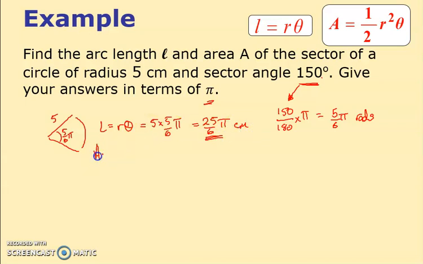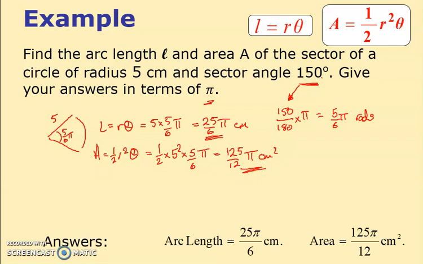My area is a half r squared theta, a half times r squared times theta. I reckon if you do this, that's 125 there, 125 over 12. I don't suppose that simplifies at all. It's not very nice, but that's what they want, so that's the answer.